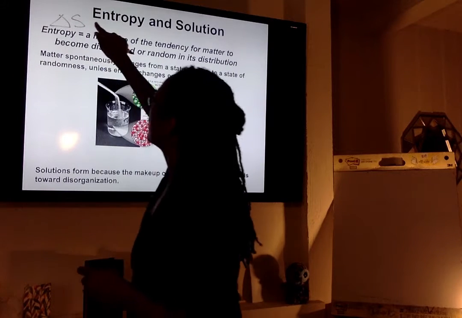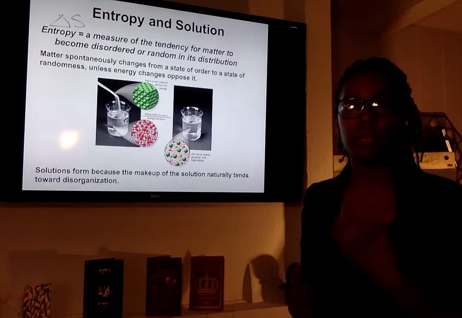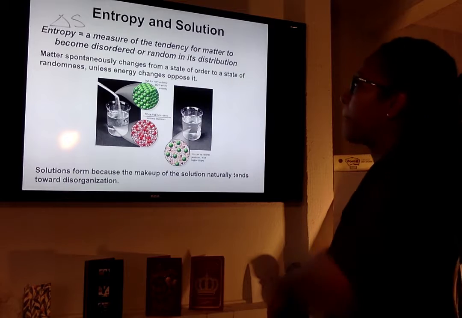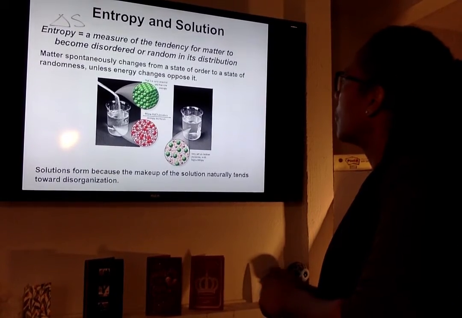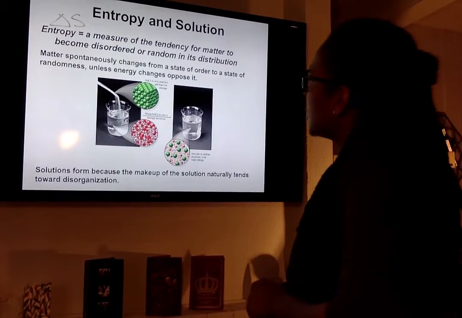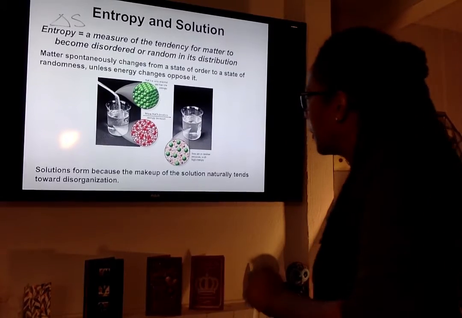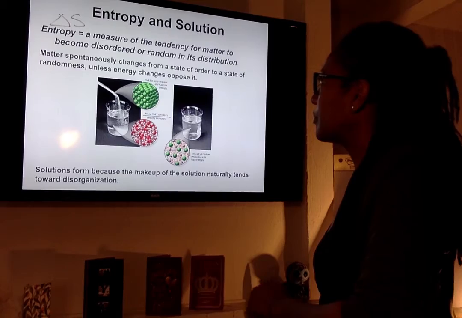And that's saying the change, they also kind of say the change in randomness. So like the spontaneity of it. So matter spontaneously changes from one state of order to a state of randomness unless energy changes oppose it. Solutions form because the makeup of the solution naturally tends towards disorganization.